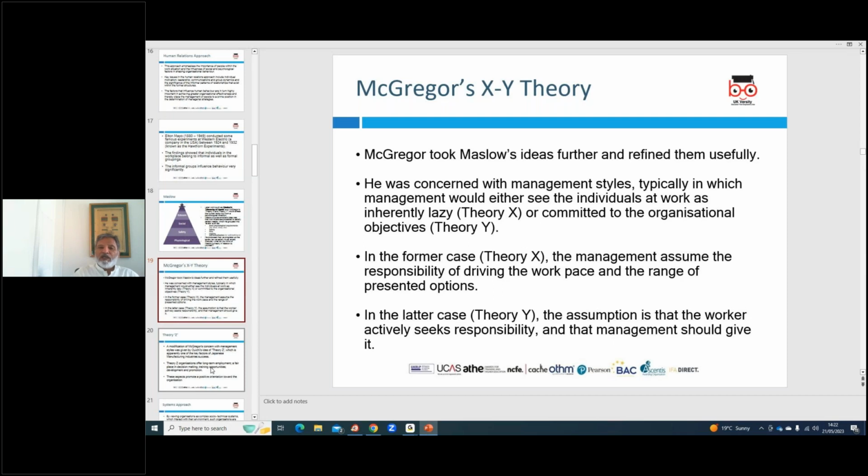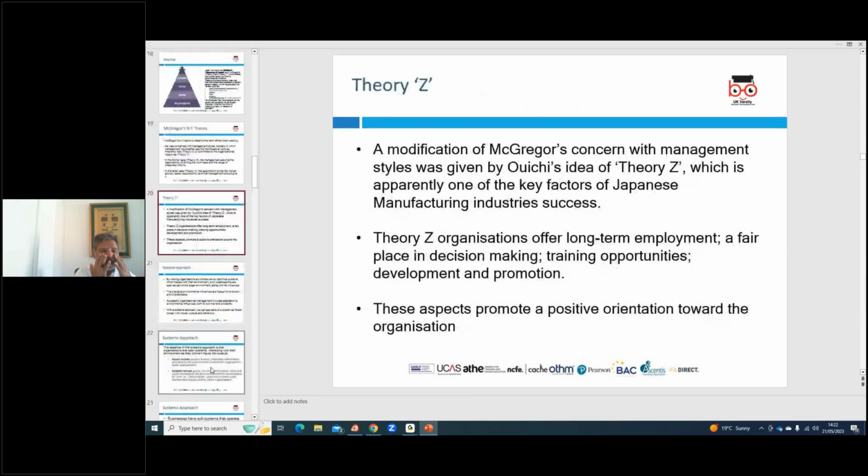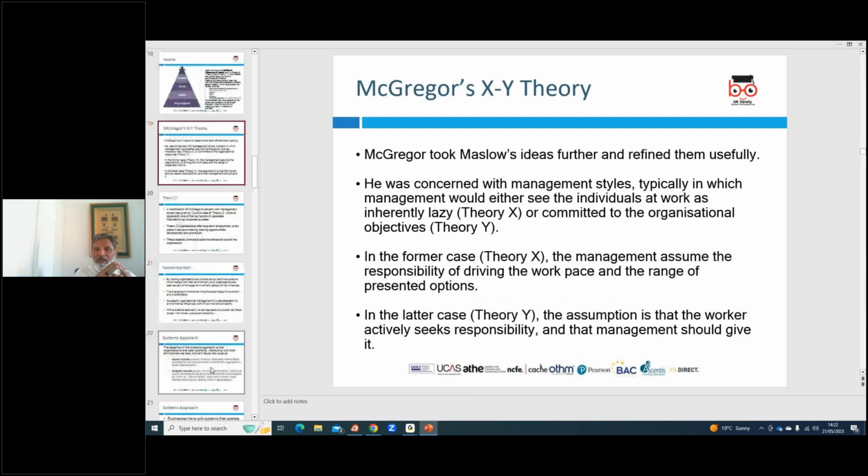Basically, people are lazy. So what do we do when they are lazy? We motivate them by a theory called theory Y. Okay, so theory Y gives you some kind of a benefit, in other words, because people have to be motivated. So he called theory Y a motivator. All right, these theories X and Y, McGregor.